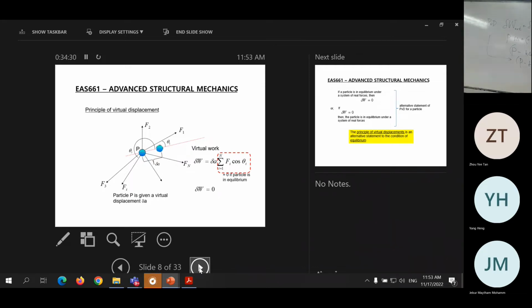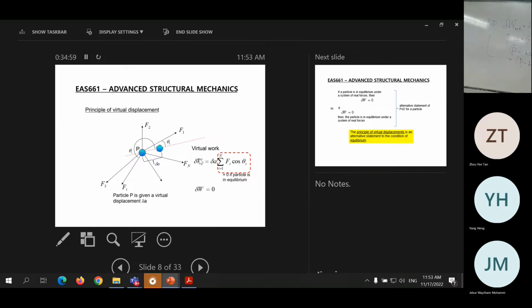By applying the definition of work, the virtual work equation is represented by this equation here. So again, class, this is virtual work. Virtual work done by the force is the product of the force in the same direction of the movement, multiplied by how much it has moved.